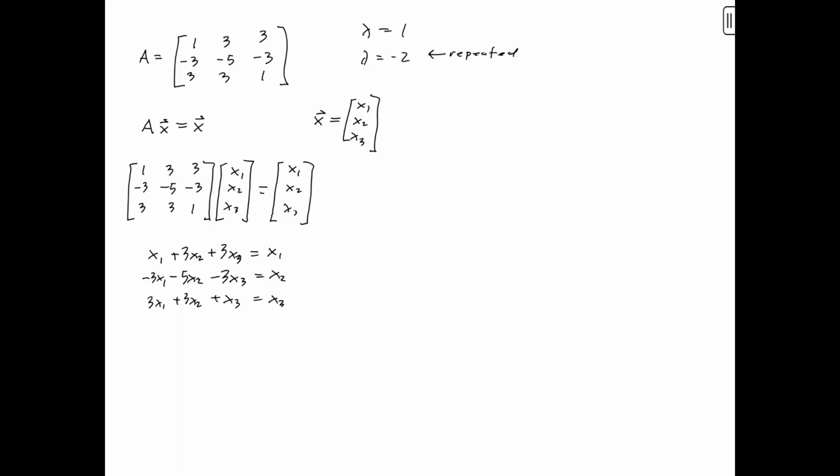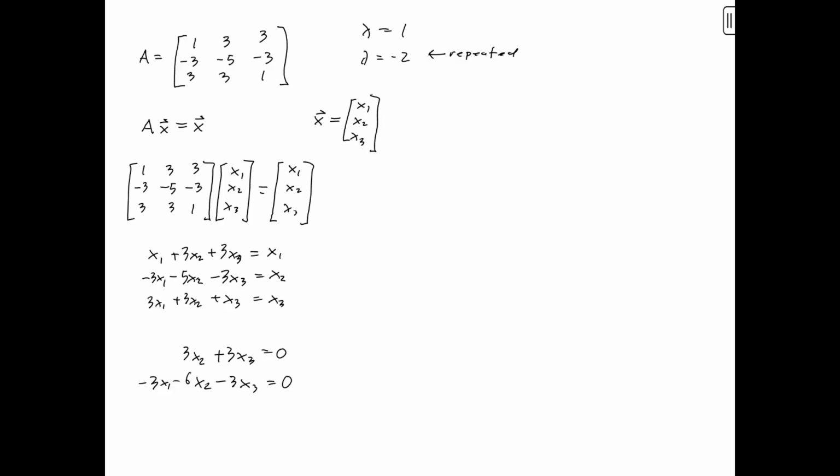Taking these, I can subtract x1, x2, and x3 from both sides to get the system of equations that looks like 3x2 plus 3x3 is equal to 0. Negative 3x1 minus 6x2 minus 3x3 is equal to 0.